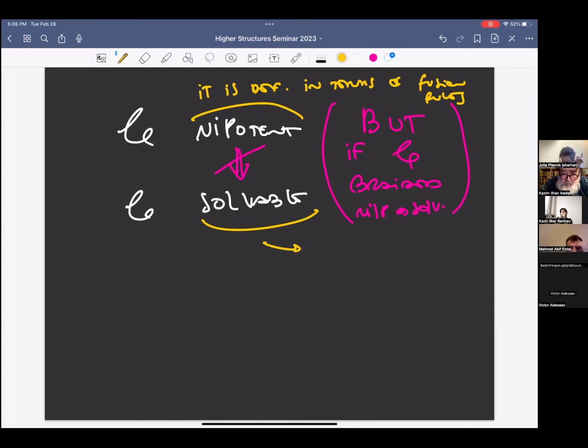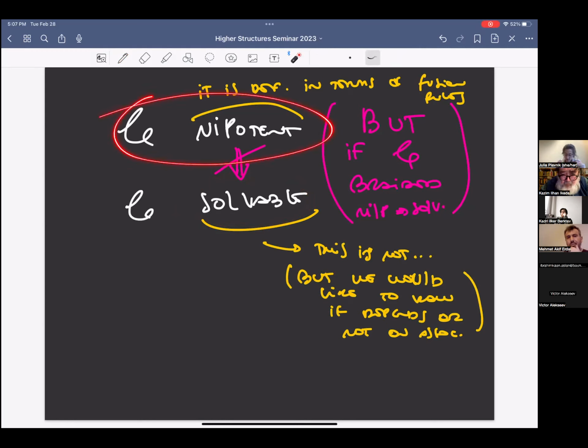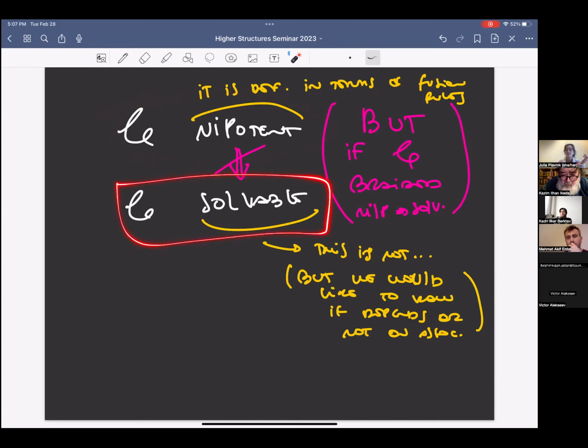But we would like to know whether solvability depends on associativity, for example. In principle, this definition is more involved, because it's defined in terms of this Morita equivalence. This one is just defined in terms of fusion rules, so looking at the fusion rules is enough. For that one, in principle, no, but this is a question that people think about, and I don't have any example in which the fusion rules are not enough.